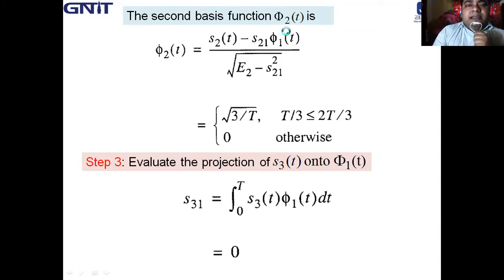This is basically the numerator part, which identifies the intermediate function G2(t), and in the denominator is the square root of E2 minus S21 square, that is, the square root of the integral from 0 to T of G2 square (t) dt.